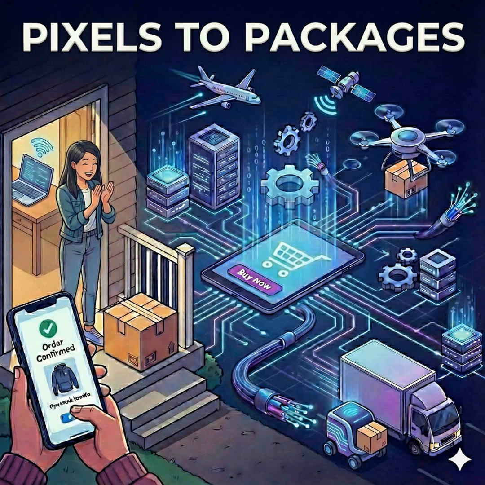Welcome back to Pixels to Packages. If this is your first time here, I'd encourage you to begin with episodes 1 and 2, because this story is deliberately layered. In episode 1, we slowed down the instant you tap a button and followed that request as it moved across networks and into a data center.